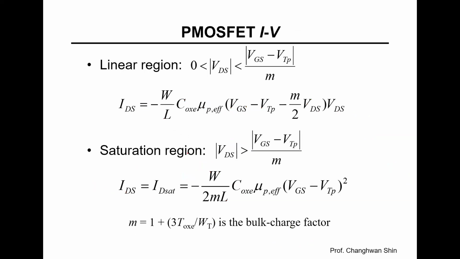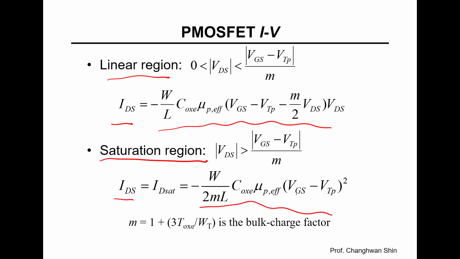All right, now let's move on to the next slide, PMOSFET current versus voltage. With so many equations. The current versus voltage characteristics of a p-channel MOSFET mirror those of the NMOSFET, but with reversed polarities. In the linear region, the IDS can be described with this equation, but in the saturation region, the IDS can be described with the equation shown here.